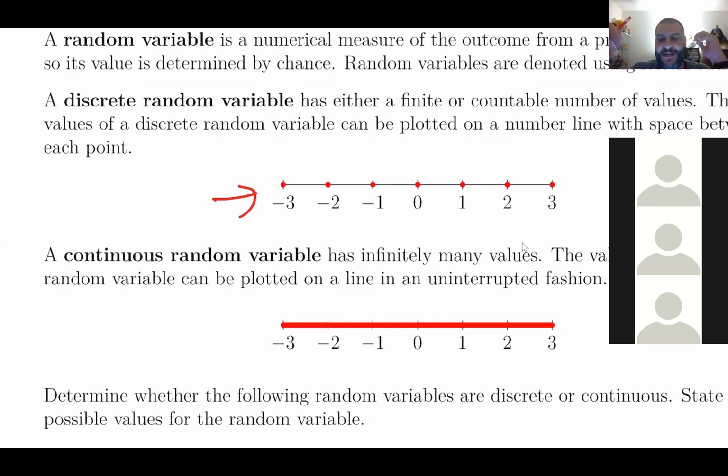So I should be able to say 0, 1, 2, 3, 4, 5, and so on. For a continuous data set, which is this one, what do you notice about the red line? It's where? If you look at the red line, it's pretty much all across, it's everywhere.